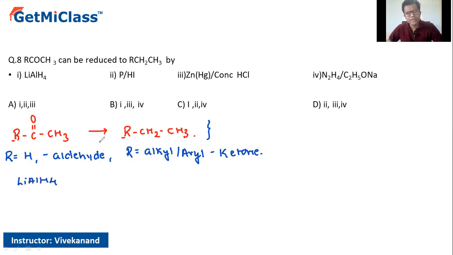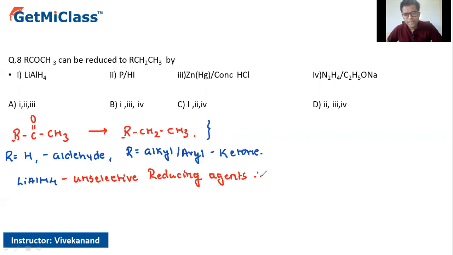It's a very good unselective reducing agent, we can say. Now this one acts when we have a polar C double bond O, either in an aldehyde or in a ketone.